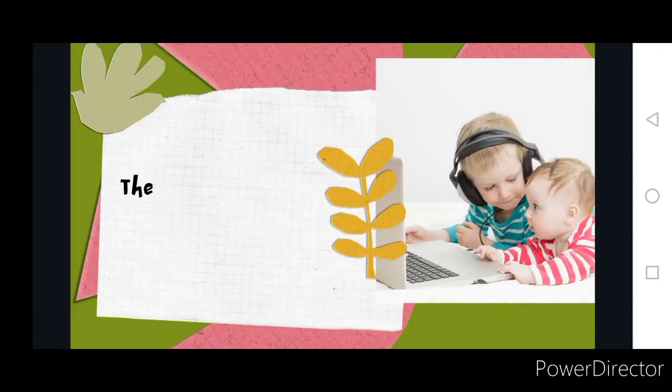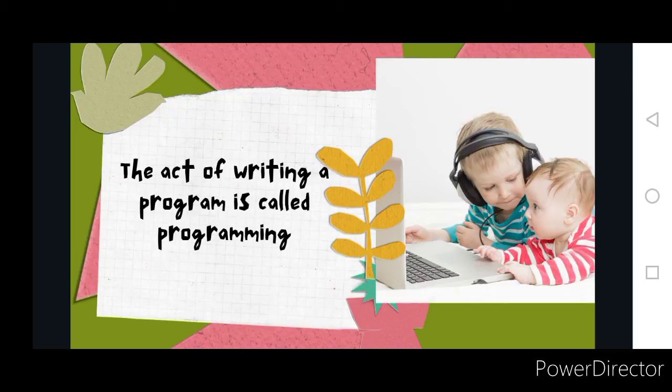Now, when we give instructions to a computer, the act of us writing these codes, writing these instructions, is called programming. While you and I, who write these instructions for the computer to perform, are called programmers. We are called what? Yes, we are called programmers.